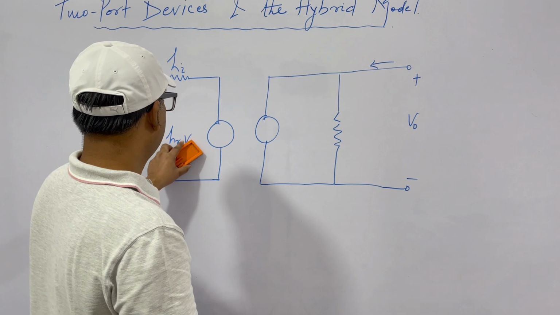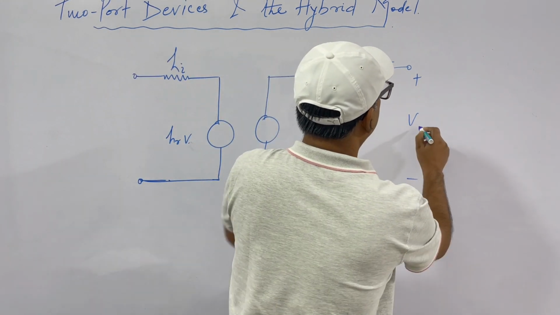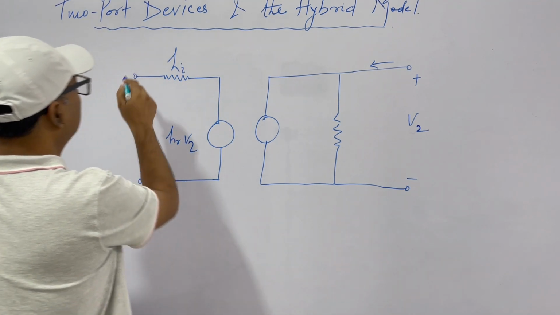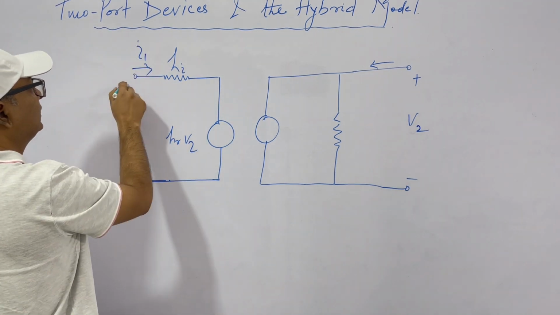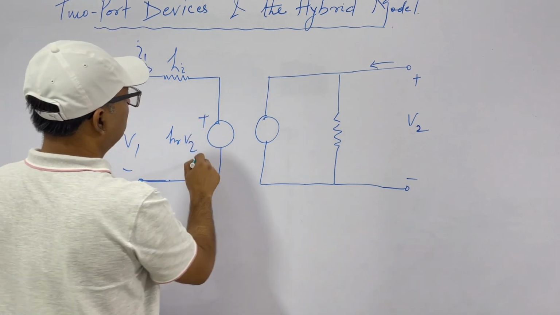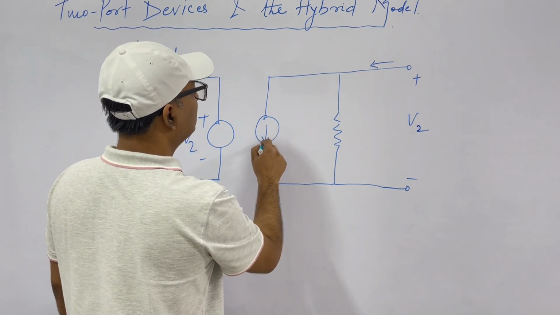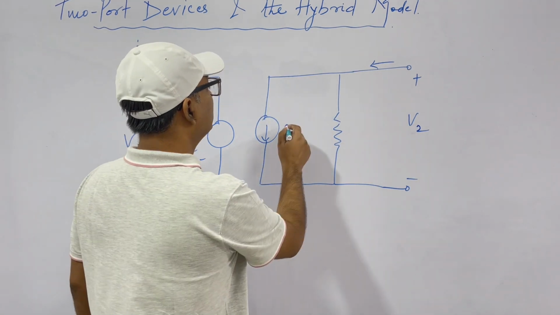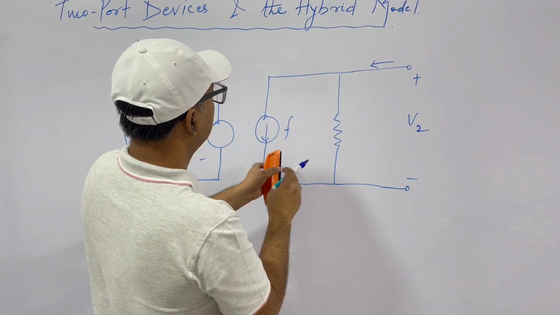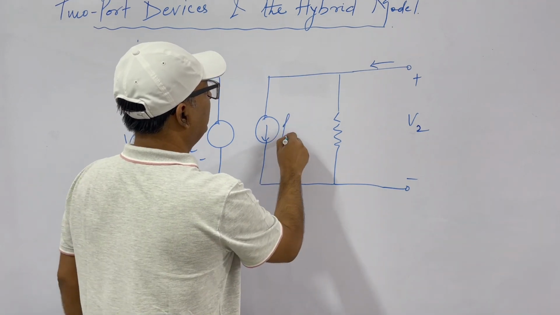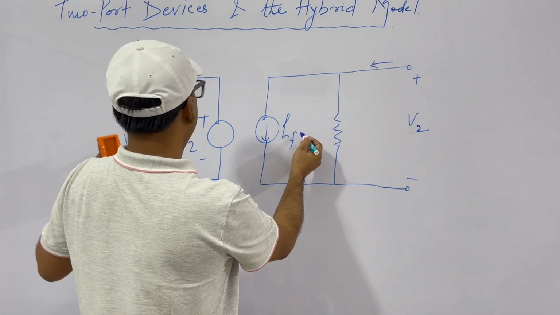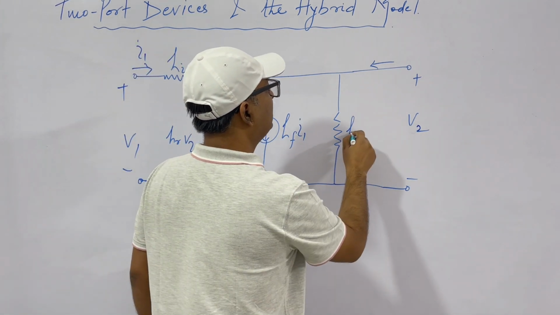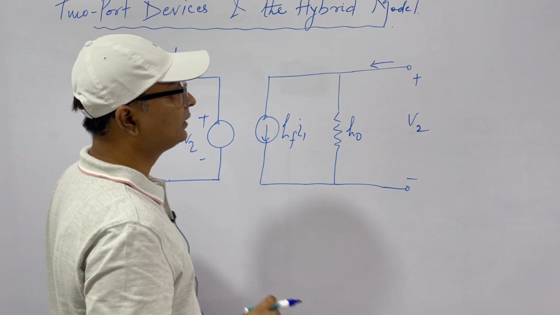This may create confusion, so let's say this is V2 only. So this is HR V2, this is HI, this is our I1, this is V1, this is a voltage source. If you remember, HF was forward current transfer, so this is HF into I1, and this is HO, that is the conductance.